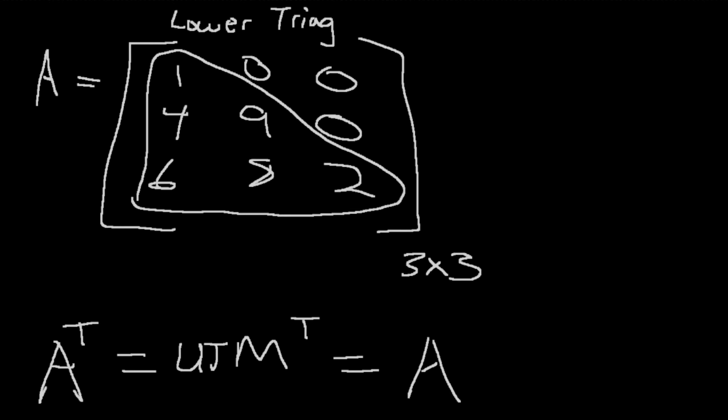By book definition, you see things like A sub i j, where i is the row and j is the column.